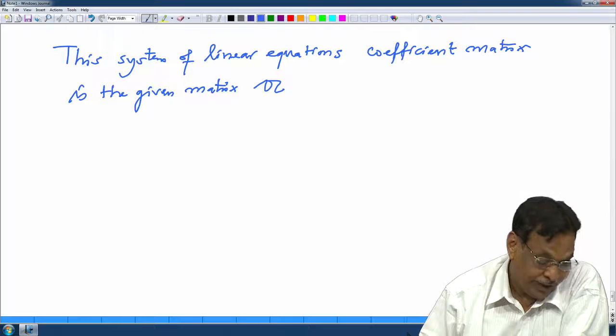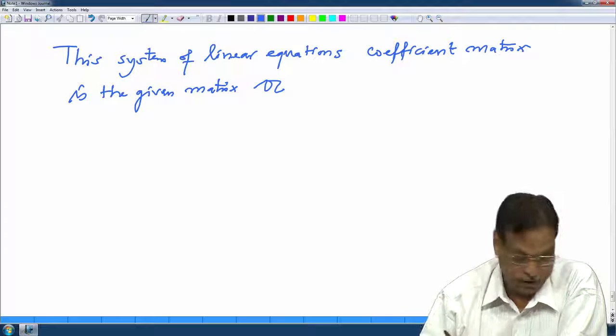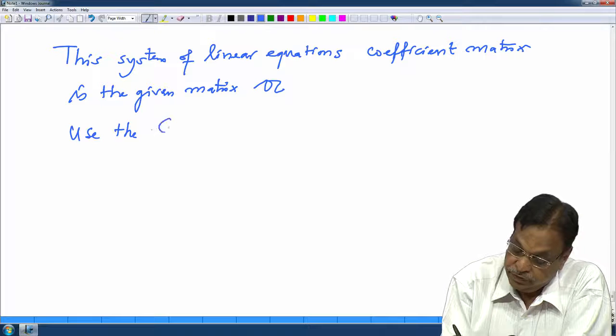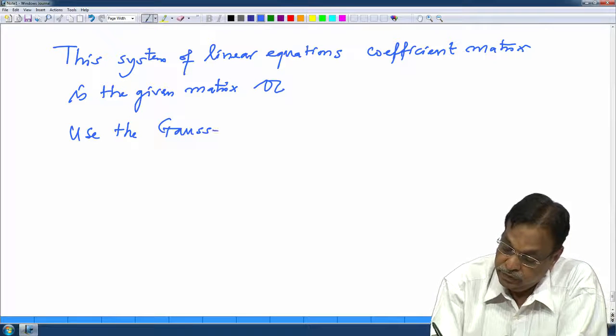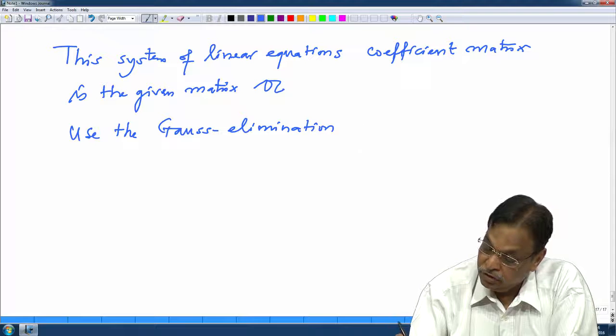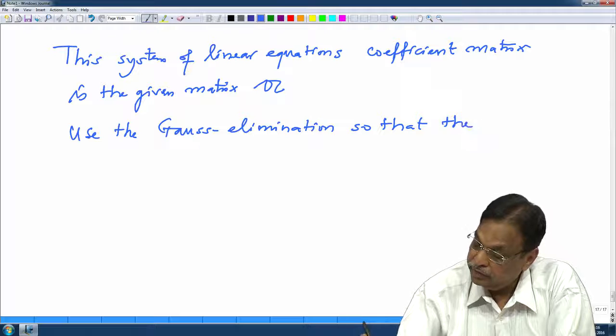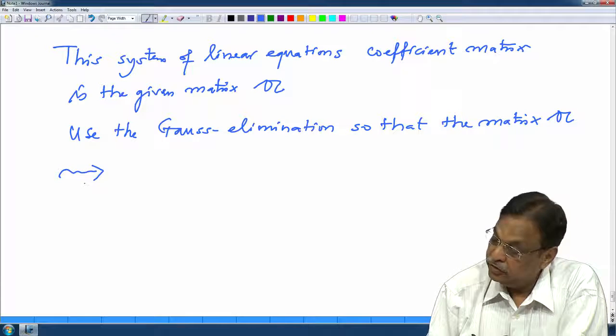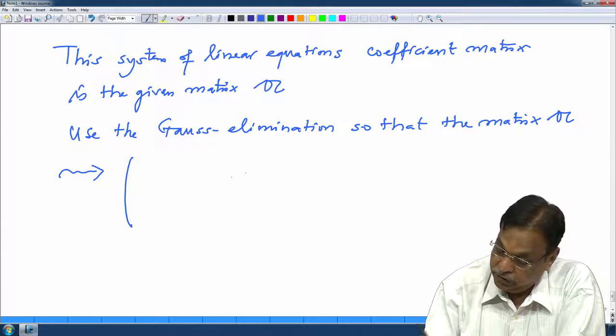Okay. For that, one uses the Gauss elimination. So, use the Gauss elimination, so that the matrix A will get changed to a new matrix like this.